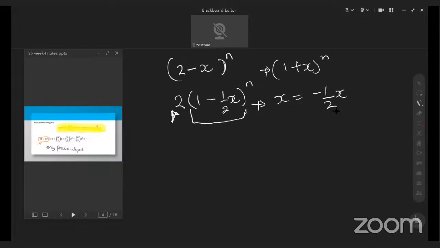This is your x. Don't just take it as a half, because we have a sign here too. Someone might also write it as 1 plus negative a half x, to the power of n. This is the same thing. If you want to show that it is a plus, it will be in that given format as well. Okay.